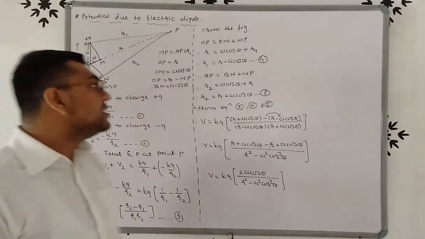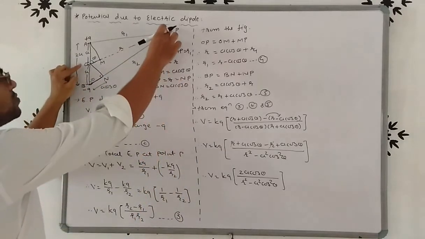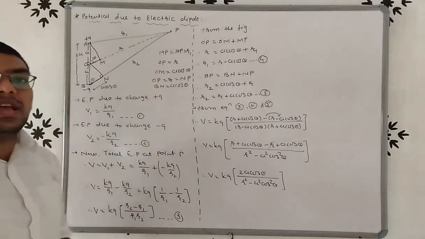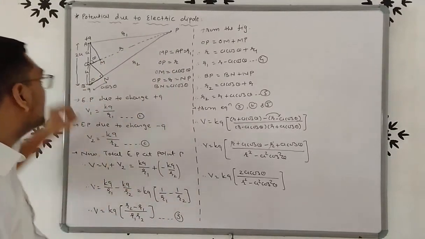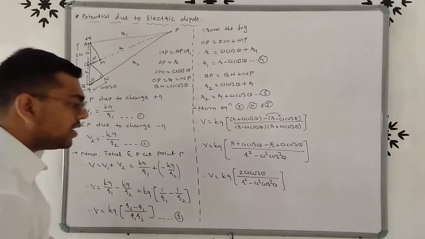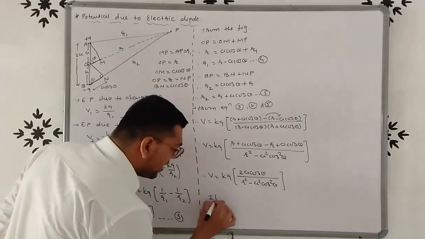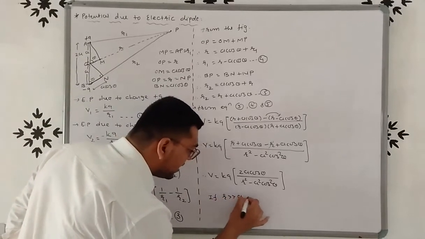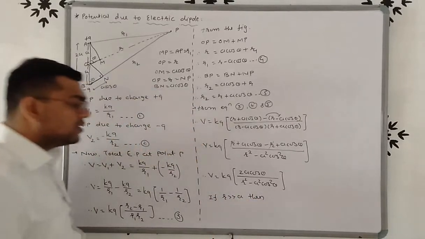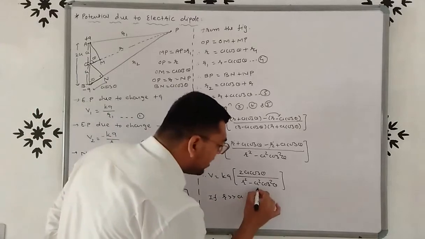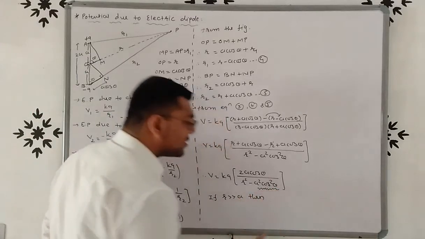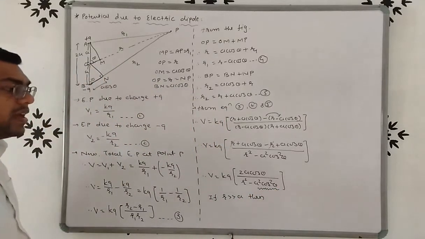Here we can say that this distance small r is greater as compared to this distance 2a. So if r is much greater than a, then we can easily neglect this term, a square cos square theta, right?